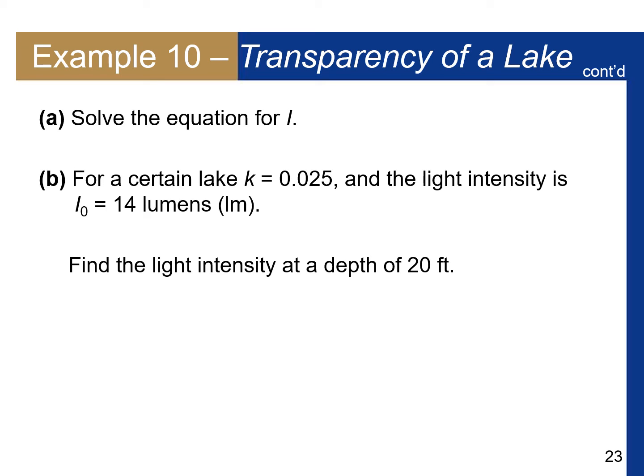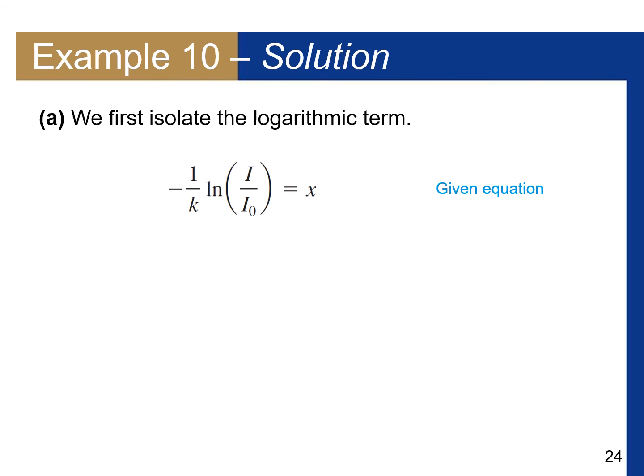So for the equation, we have a certain lake with k equal to 0.025. The initial light intensity is 14 lumens. And we're going to find the light intensity at a depth of 20 feet. But first, we're going to isolate the logarithmic term, multiplying both sides by negative k.